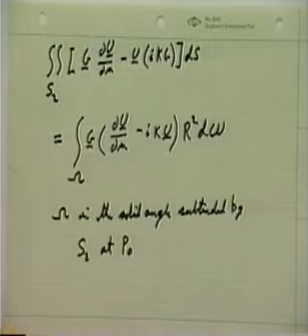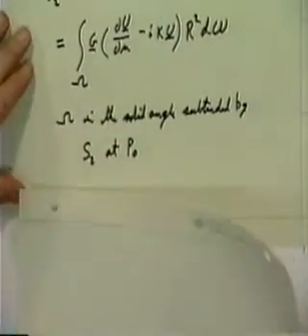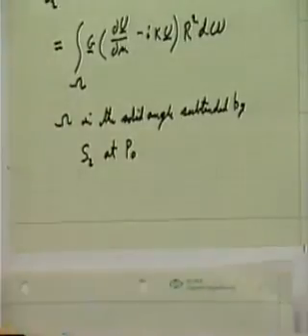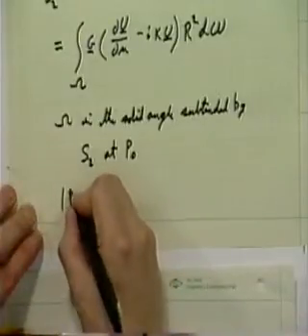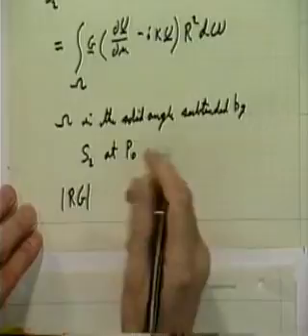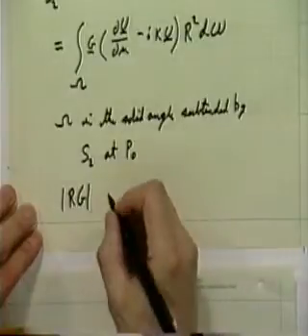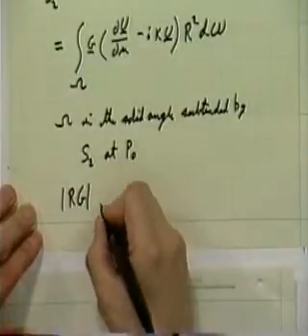Now, I have to worry a little bit here about this integral. We think here for a second, the magnitude of R times G is uniformly bounded on S2.